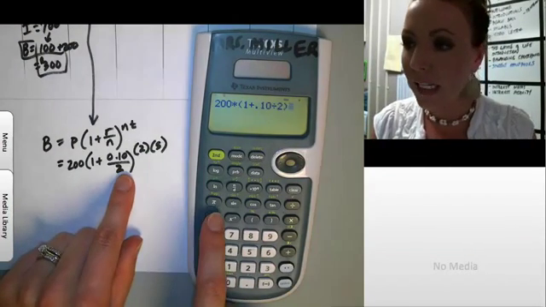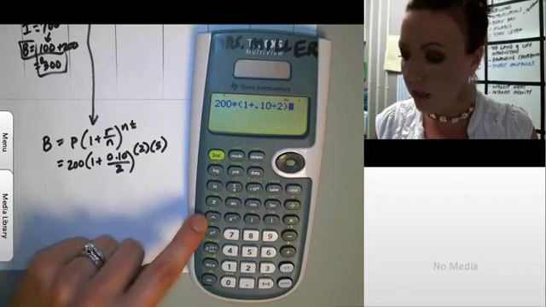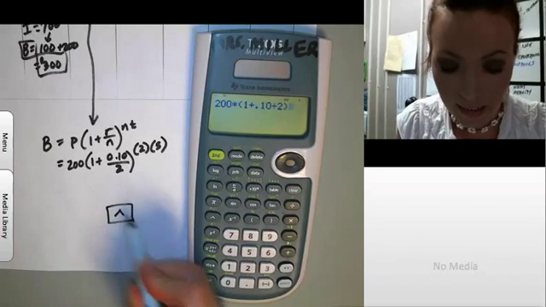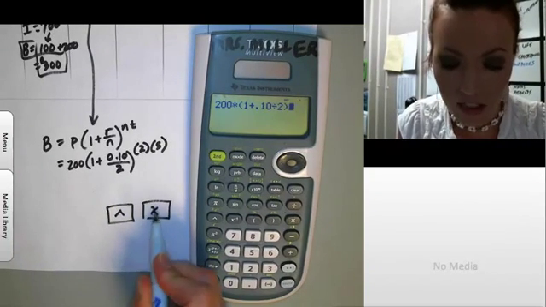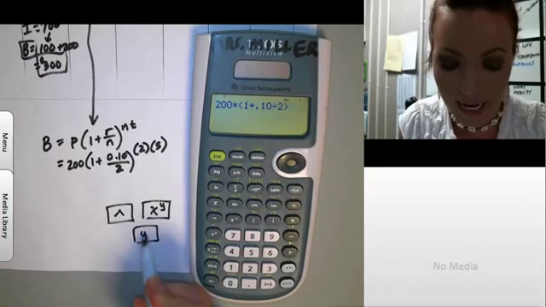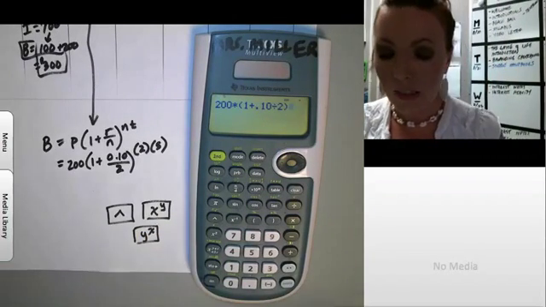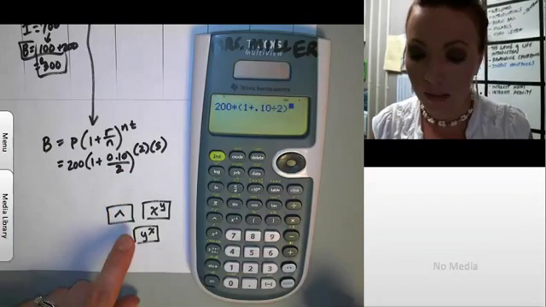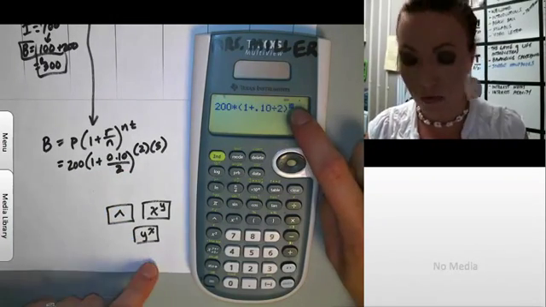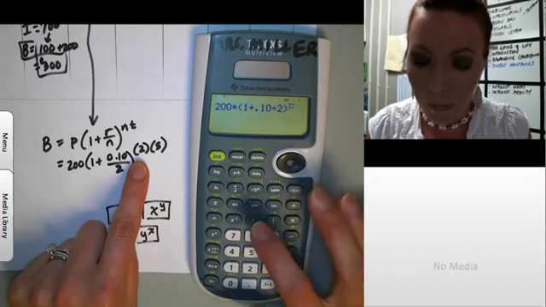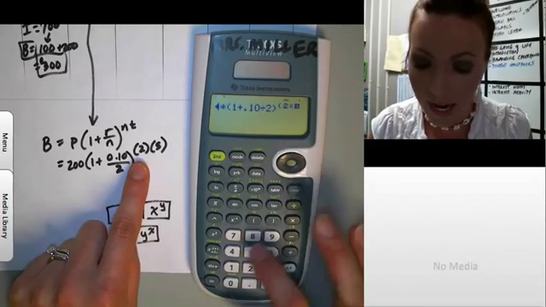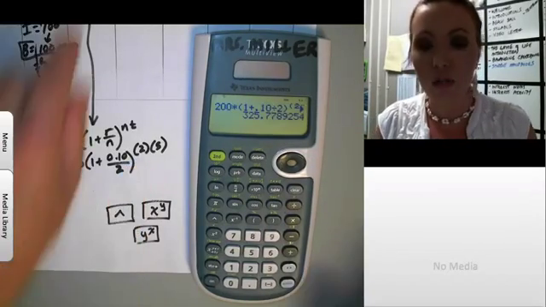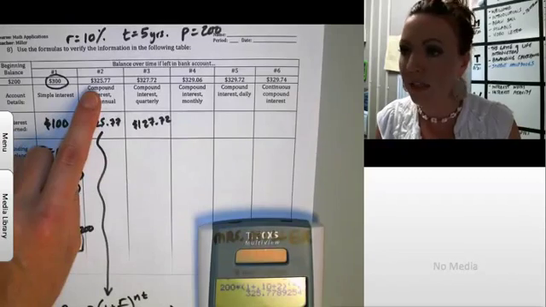It's either a little hat, so I have the hat on mine, or you could have the x to the y, or y to the x. I think that's the only kind that I've seen. So you find your exponent button, and in my case it actually shifted up to an exponent, and then you do open parentheses 2 times 5, end parentheses, and enter. Okay, and then you should get whatever the amount is up at the top.